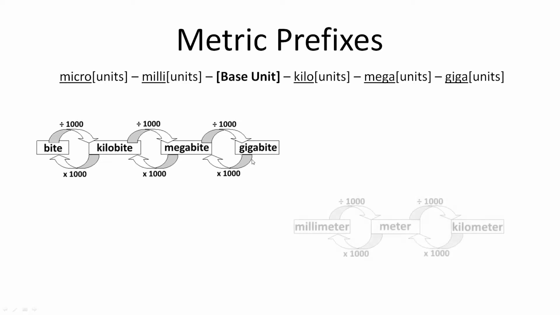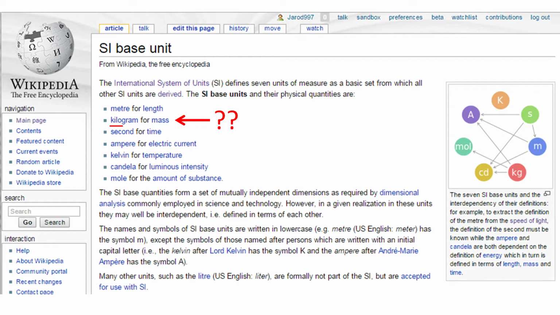Metric system at work. So in the game, we have a meter divided by 1,000. We end up with a millimeter, which means there are 1,000 millimeters in a meter. And from meter to kilometer, we multiply and divide by 1,000. Metric is kind of cool that way, just moving the decimal place around.